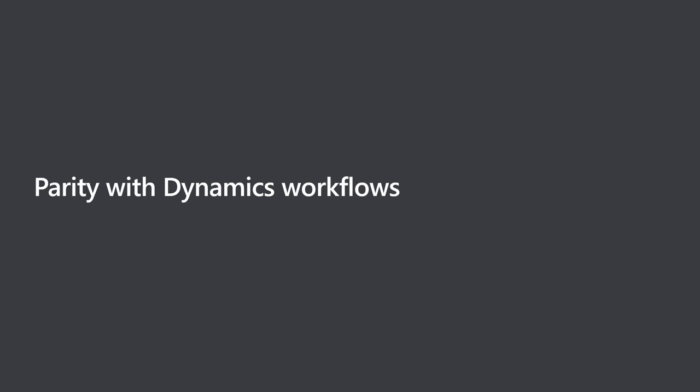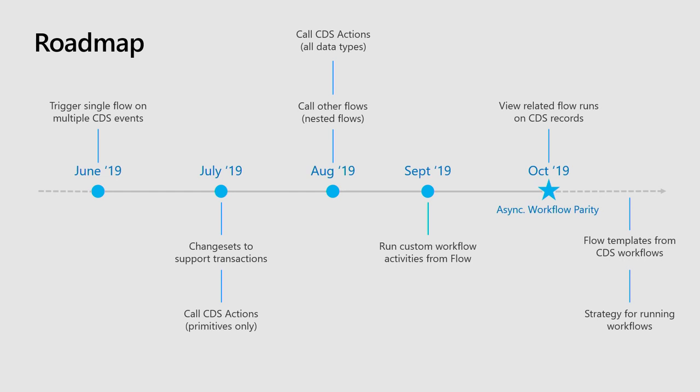Okay, so now let's dive into specifically what is the timeline for how we're comparing against Dynamics workflow. When we think about some of the things on that first slide, where there are still some remaining gaps, what are we doing to fix those gaps? I won't read off every single bullet point on this slide, but you can get the sense that we're starting.